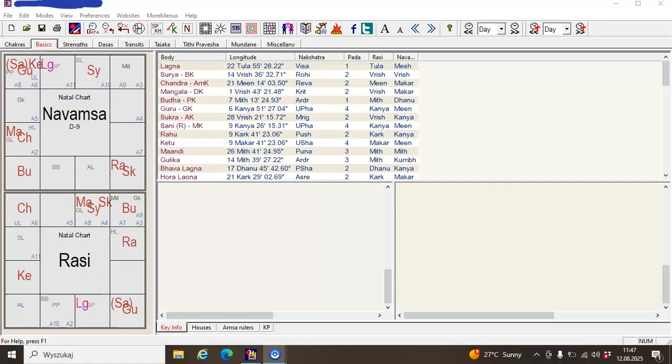Obviously, everything which I'm going to share today is based on a particular publication which is called Predict Through Jaimini's Navamsha Dasha by Sachin Malhotra, guide and editor K.N.Rao, and it is published by Vani Publications Delhi.